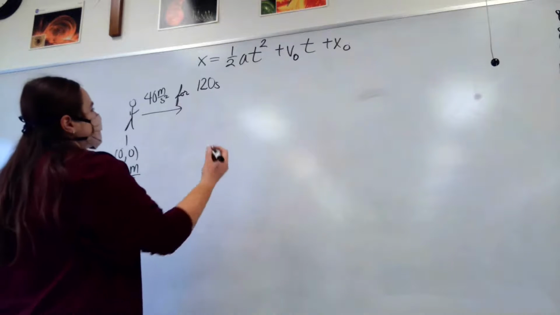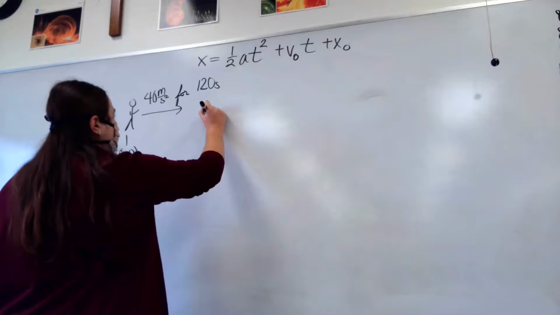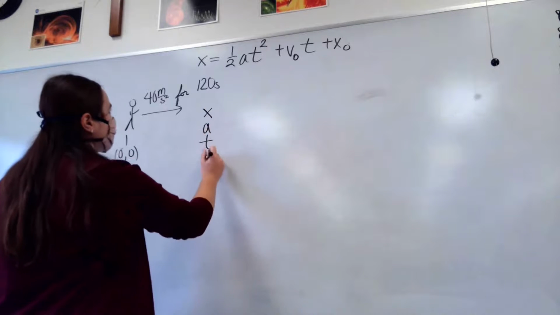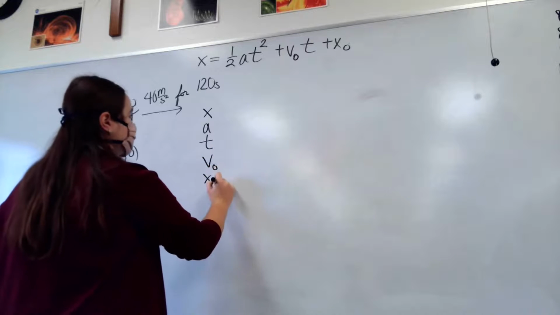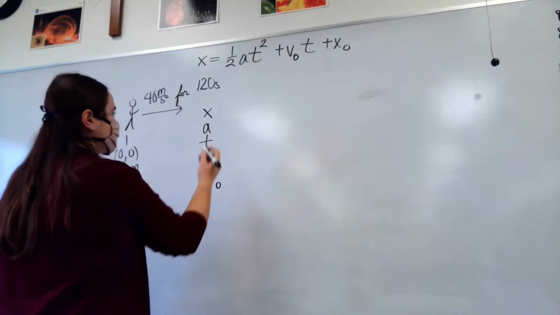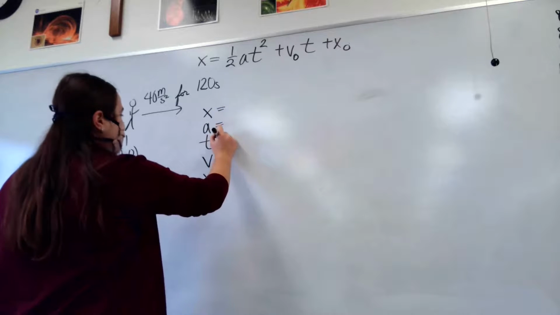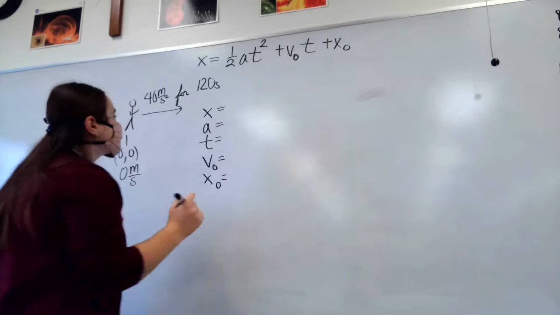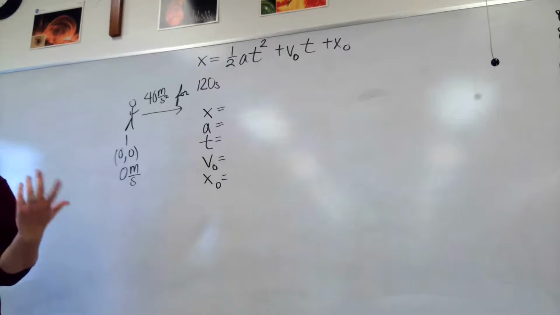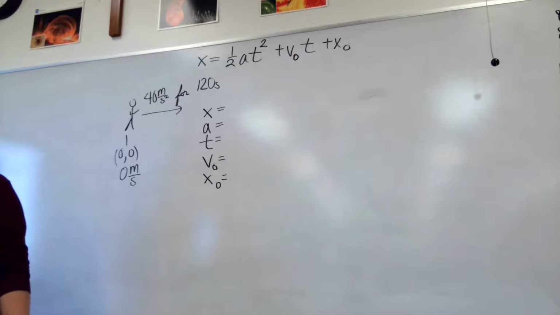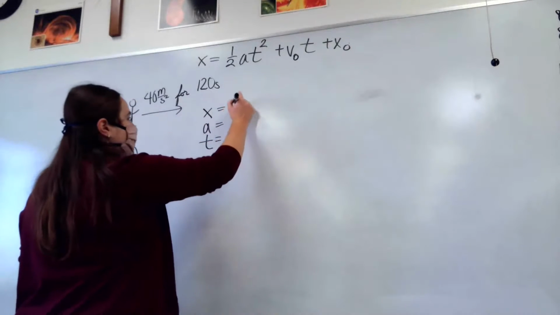All right, anyways. Let's see how far he travels in 2 minutes. Because that's also going to be very confusing. A lot of meters. Yes, it is going to be a lot of meters. Because that's what I want. So we want to know how far he travels. So which variable are we looking for? Final x.